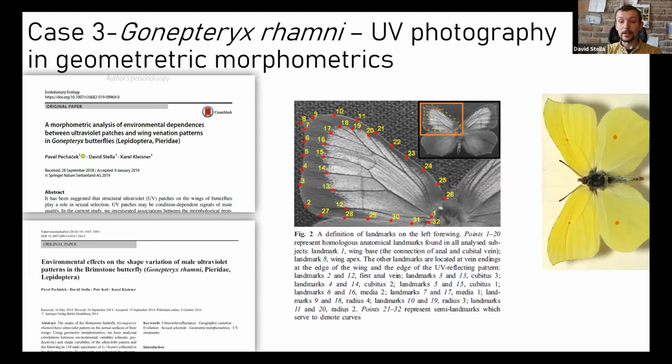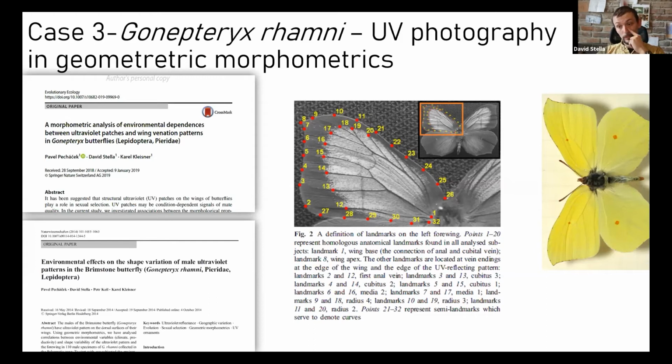We analyzed more than 100 specimens of the dorsal wing of this brimstone butterfly, ranging from Western Europe to Eastern Asia. And we also employ GMM, geometric morphometric methods. Landmarks, as you can see here, were placed on homologous features on the butterfly wing.